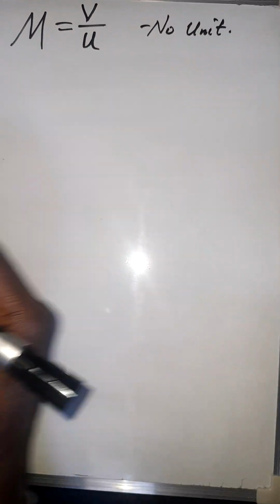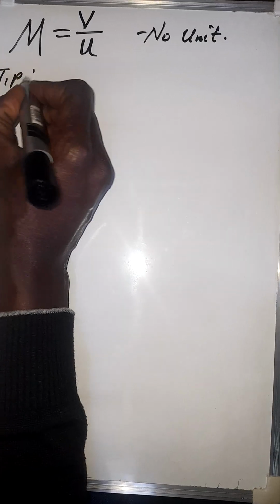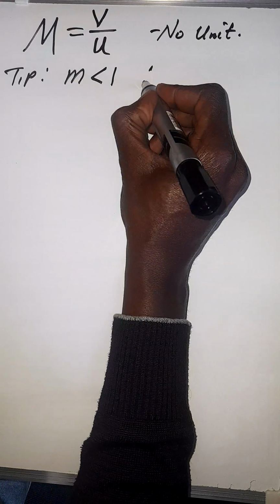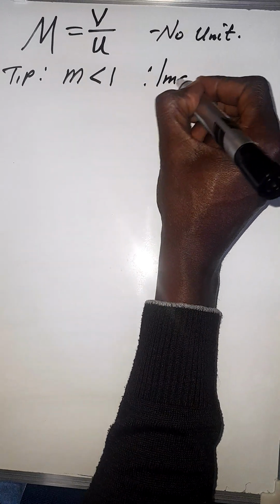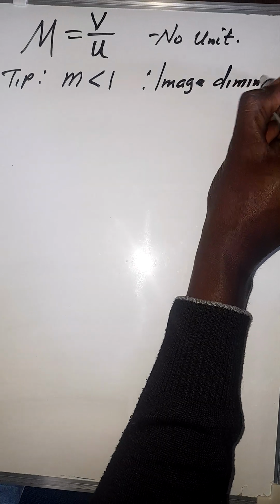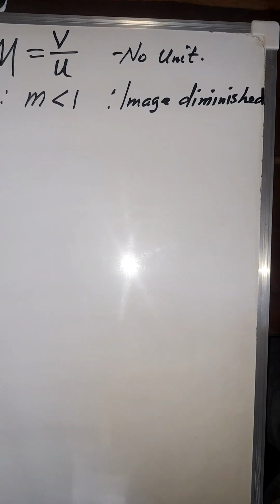Now, a few quick tips that you need to remember when you are in the exam. 1, when the magnification m is less than 1, it simply tells you that the image formed will be diminished. Remember, diminished in this case means that it is smaller than the object.